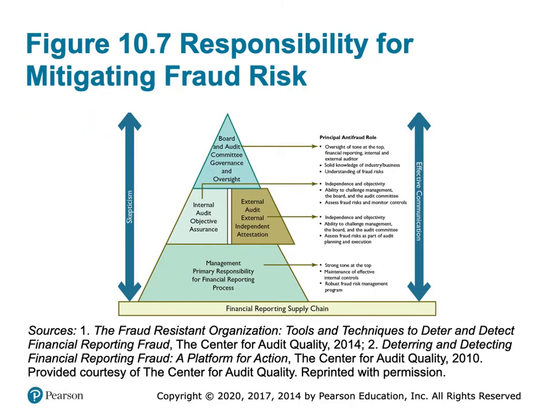So, the responsibility for mitigating fraud risk starts at the very, very top, which is the board and the audit committee. There may be a separate corporate governance committee as well. So those folks, plus leveraging the internal audit team for public companies, but also leveraging the relationship with the external audit team, us as third-party auditors, really helps establish a strong foundation for finding and reporting fraud.